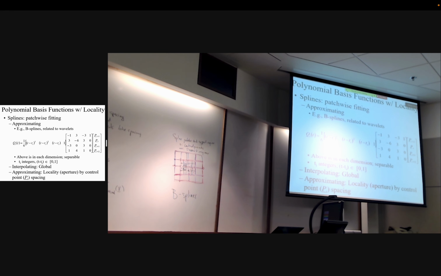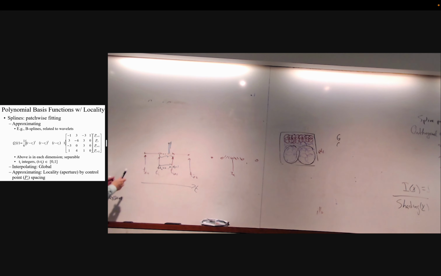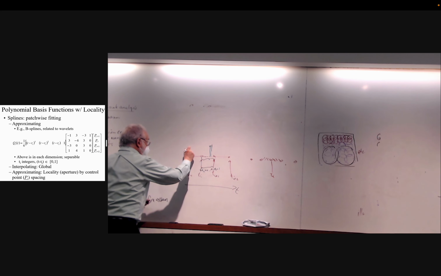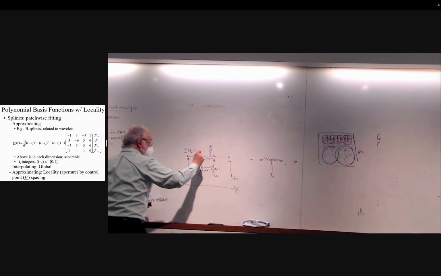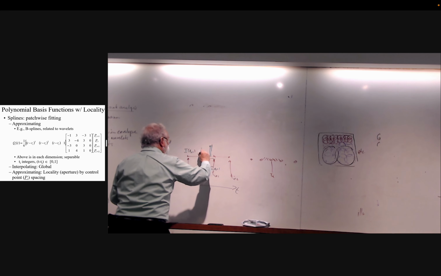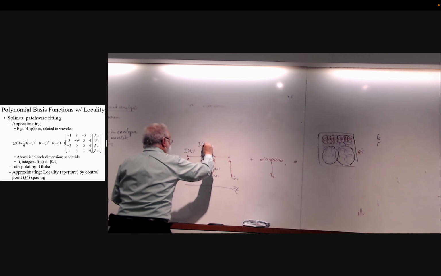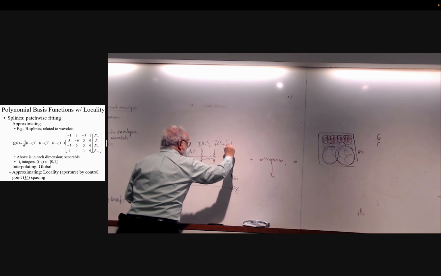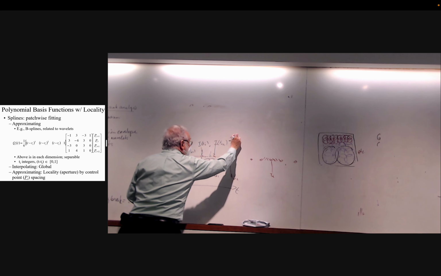So you're going to have control point locations here, here, here, and here. And the value of the intensity, for example, you're going to have an I of Ti minus 1, an I at Ti, an I of Ti plus 1, and an I of Ti plus 2.